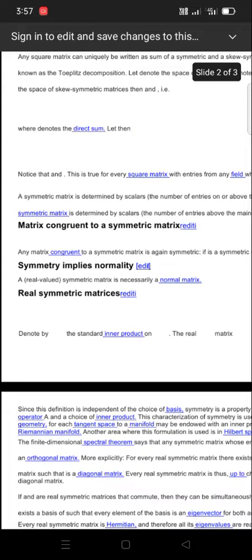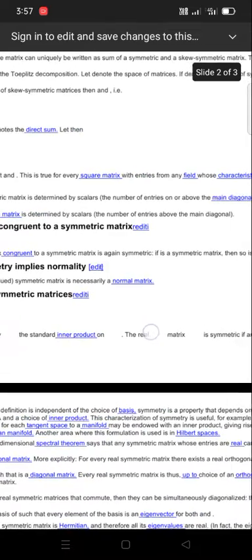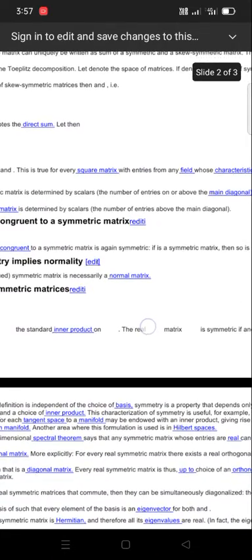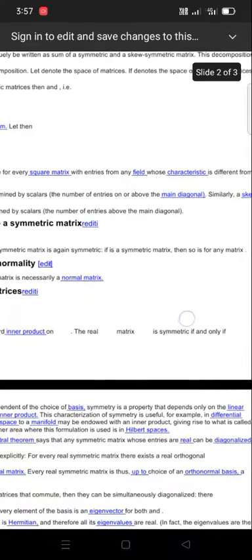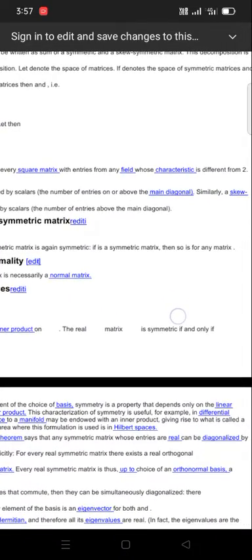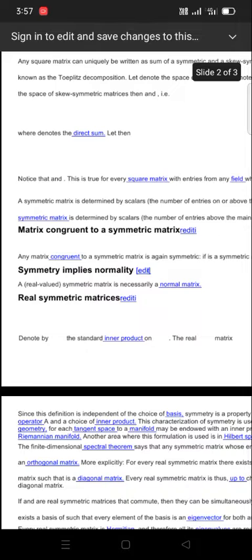Matrix congruent to a symmetric matrix: any matrix congruent to a symmetric matrix is again a symmetric matrix. If A is a symmetric matrix, then so is B transpose A B for any matrix B.